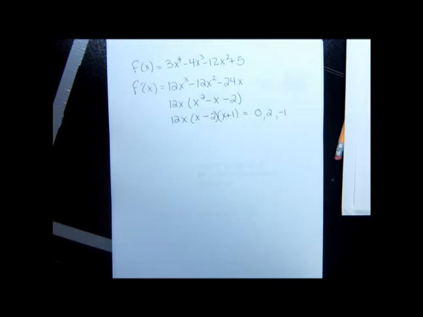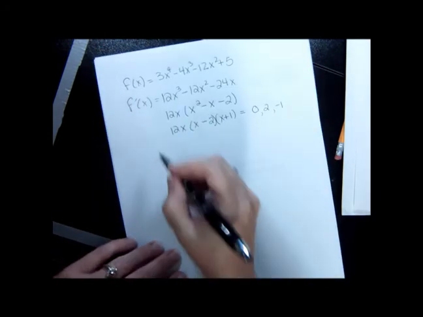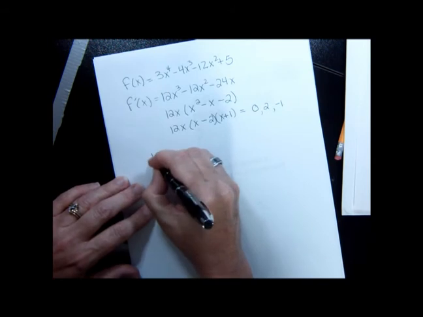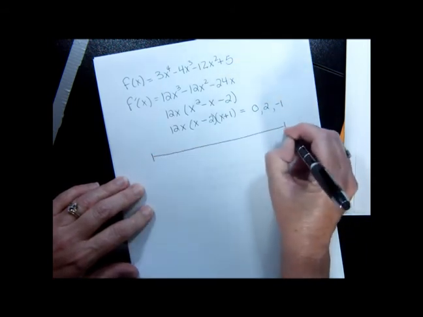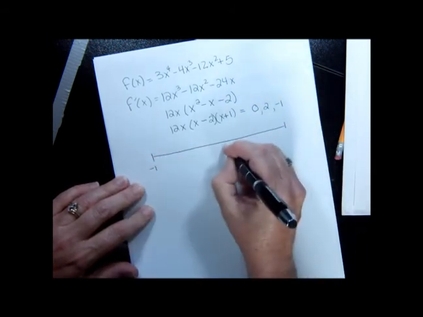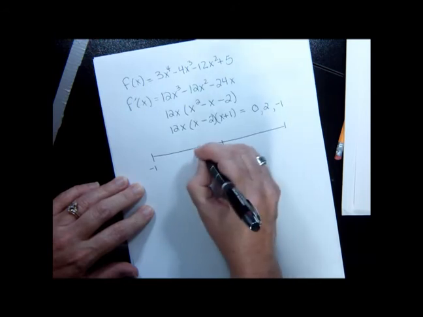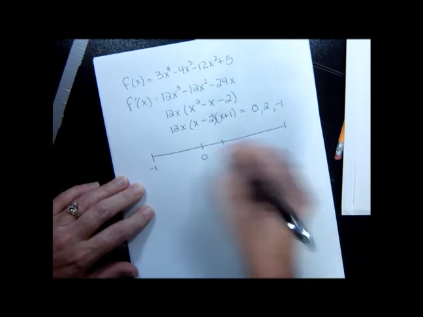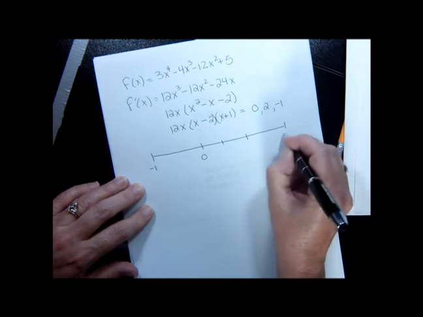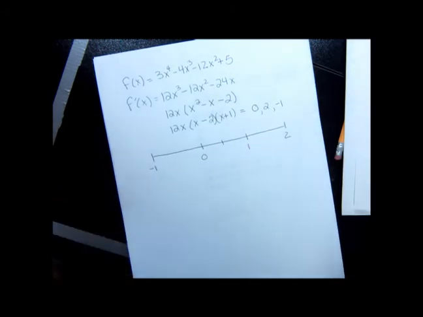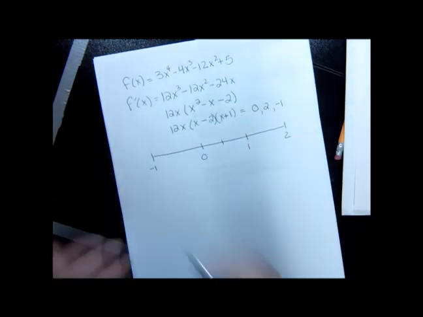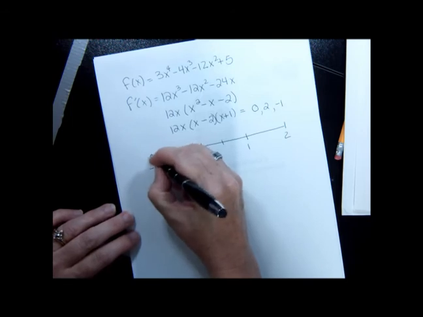So how do I know if it's increasing or decreasing? Well, there's a simple method that you can do. You can just make a number line. -1, we'll put 0 here, 1 here, and 2 here. Okay? All right, so here are my areas where I have the slope of 0.